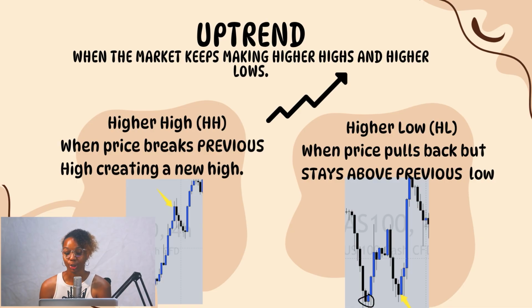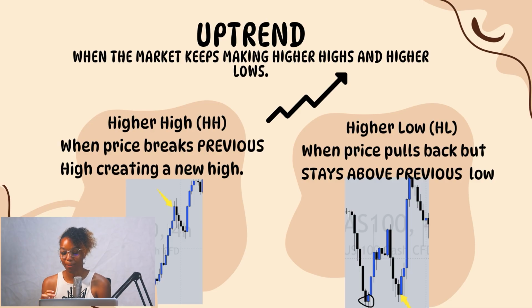Then we have higher lows. This is when the price pulls back, but it stays above the previous low. As you see in the example I have here, we have the black circle on the recent low, and price pulled back where that yellow arrow is pointing.